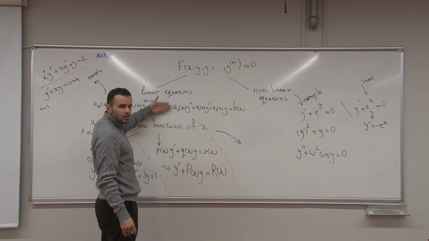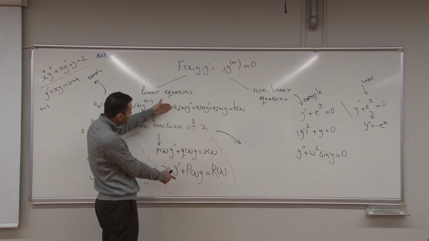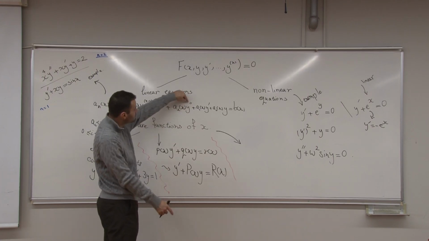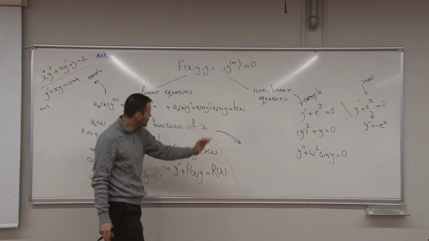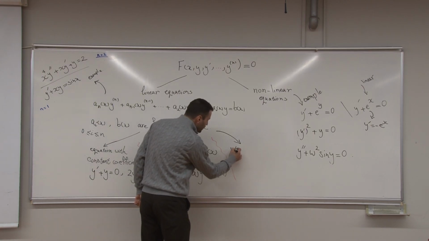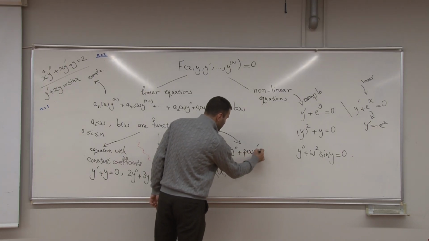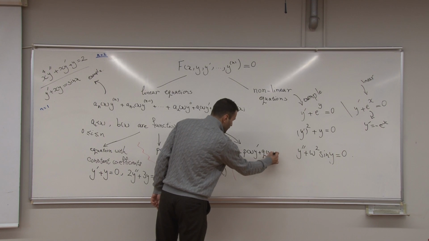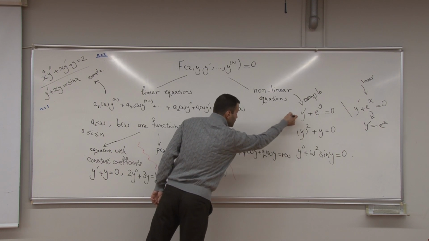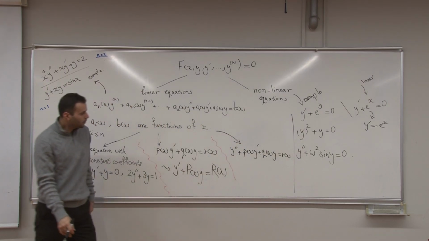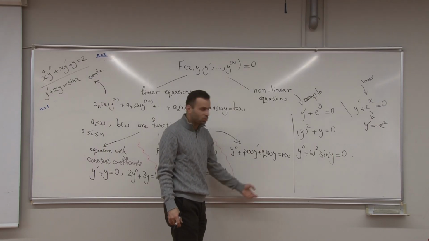We can divide by the coefficient of the highest derivative of y, so we have 1 over here as coefficient. It is going to look like y double prime plus p of x y prime plus q of x y equal to, let's call it r of x. This is the general form of a second order linear differential equation.